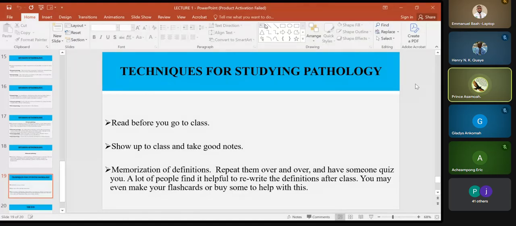Pathology is not as simple as we know, but with consistency, once we learn, it will go well. So all the techniques we used for anatomy and physiology apply to pathology.